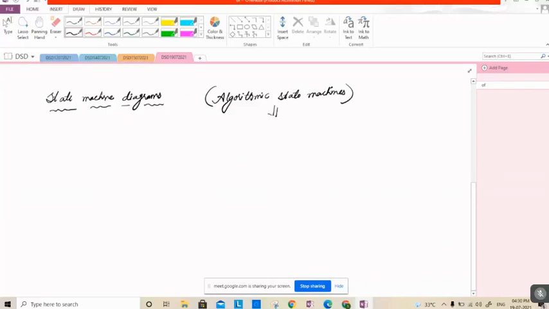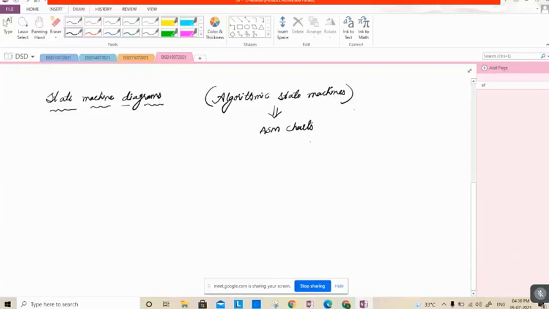So which are in general called as ASM charts. Algorithm state machines drawing. It will be like a flow chart itself, more of a flow chart.